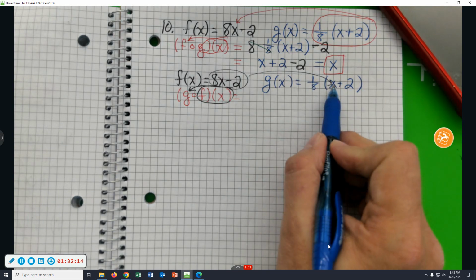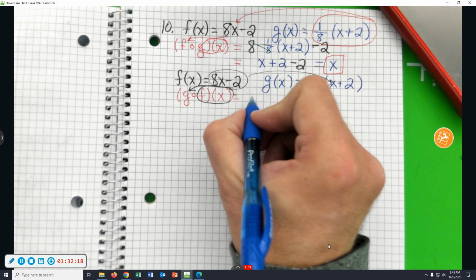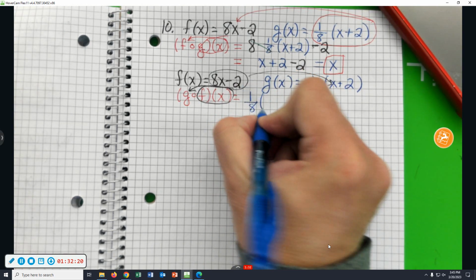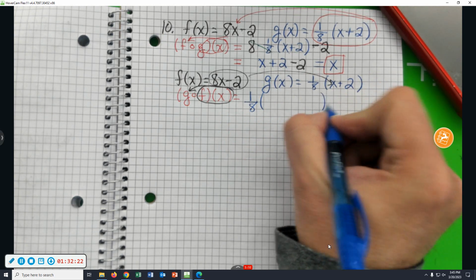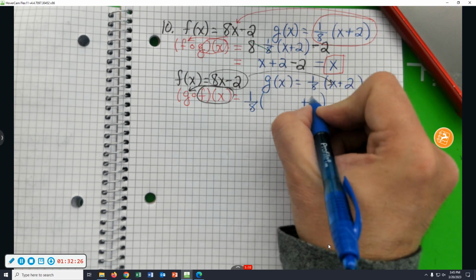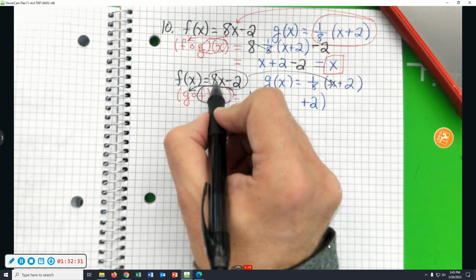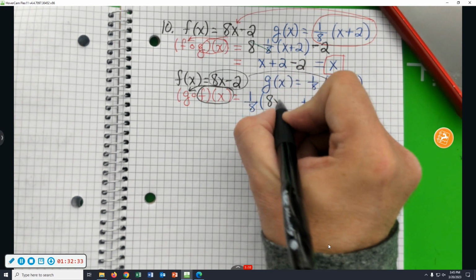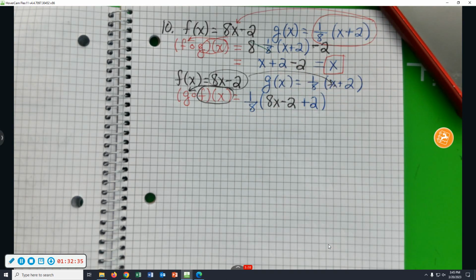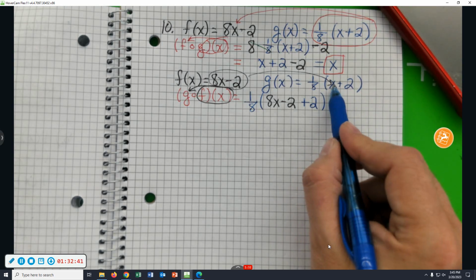I'm replacing this blue X with the 8X minus 2. So I still have the blue 1/8, and inside the parentheses, in place of the X, I'm putting the black 8X minus 2.